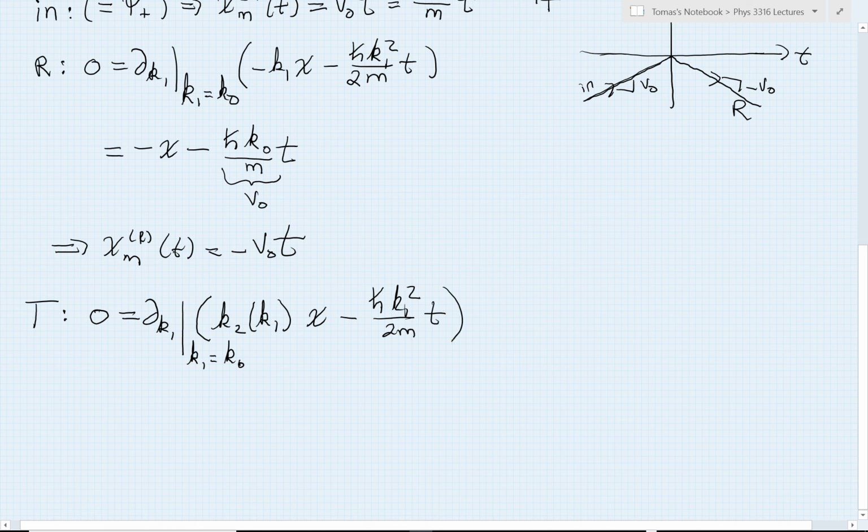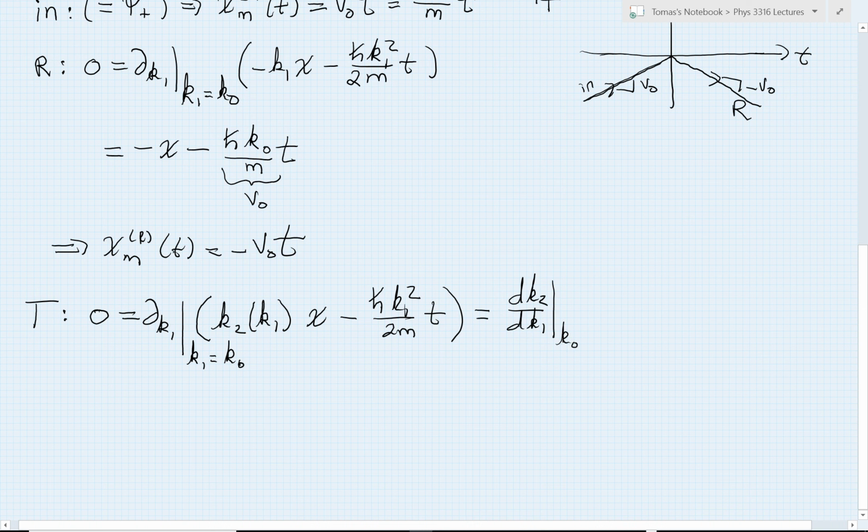Now the derivative is at first straightforward. It's just a little bit different. Now x is a constant with respect to K1, fine, but instead of just getting x out of here, because K2 depends on K1, I get the derivative of K2. So I'll get dk2 over dk1, evaluated at K1 equals K naught, at my incoming velocity.